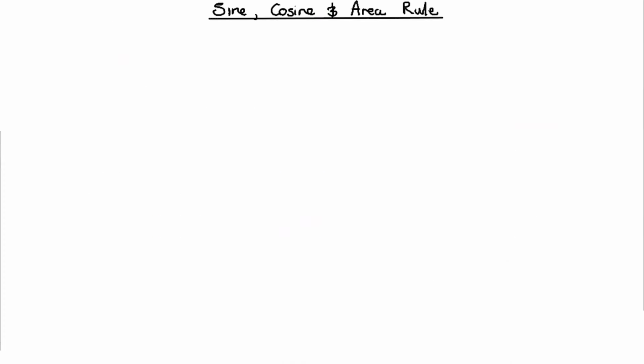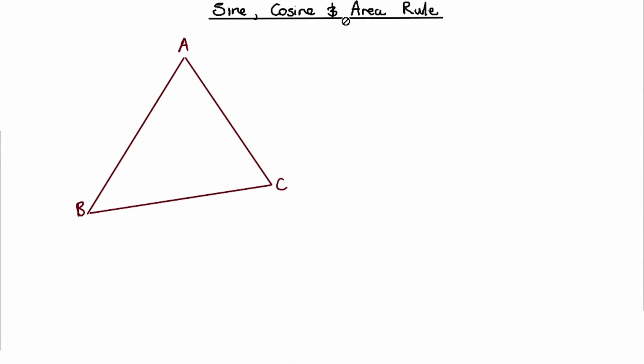Okay, now I want to bring your attention to the cosine rule. So maybe let me color code this. Let's work with purple. This is how the cosine rule works.